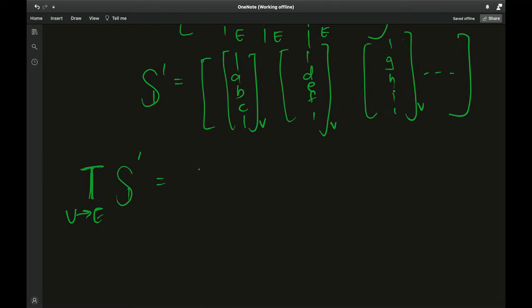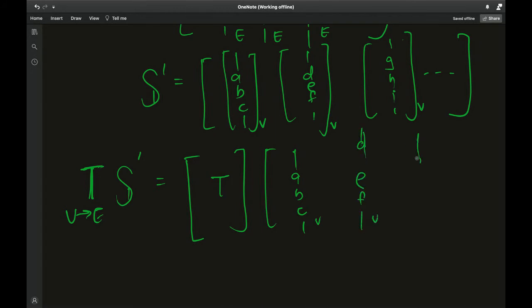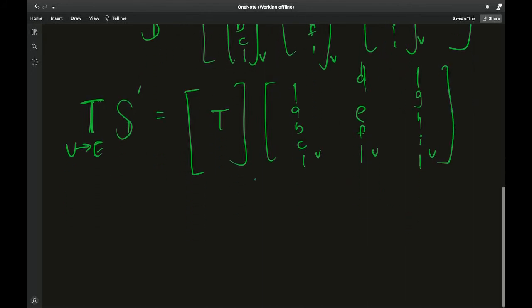When I do that, I will have T multiplied with ABC in basis V, DEF in basis V, GHI in basis V. When I multiply everything, this will act on individual columns.